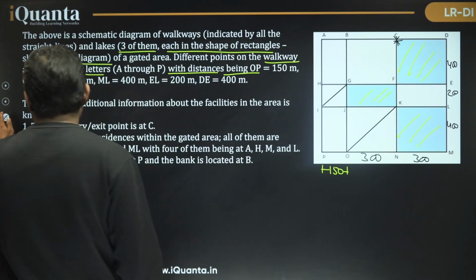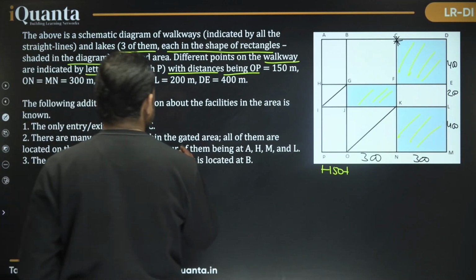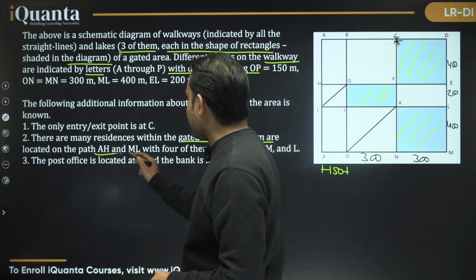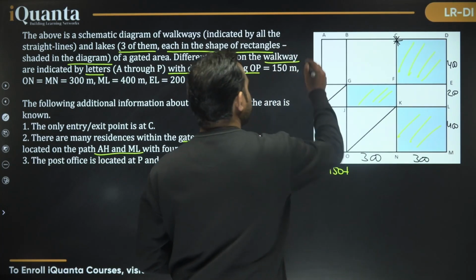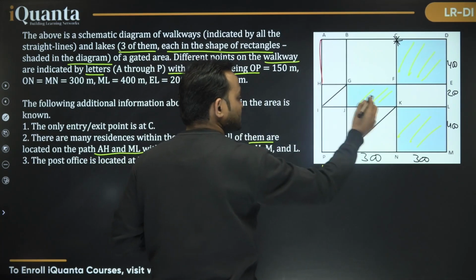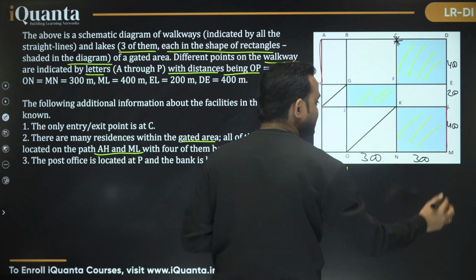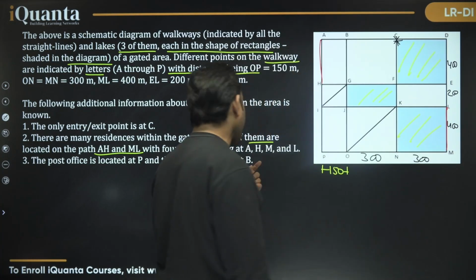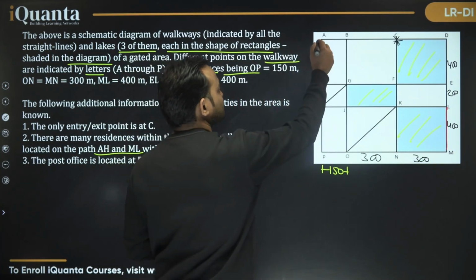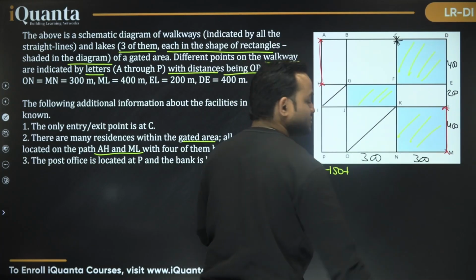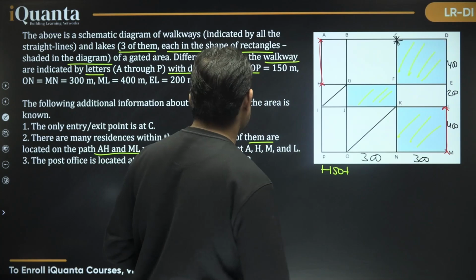There are many residences within the gated area. All of them are located on the paths AH and ML. So these are the residences. The residences are on these paths, with 4 of them being at A, H, M, L. So these are the fixed residences, the locations of those 4 residences.